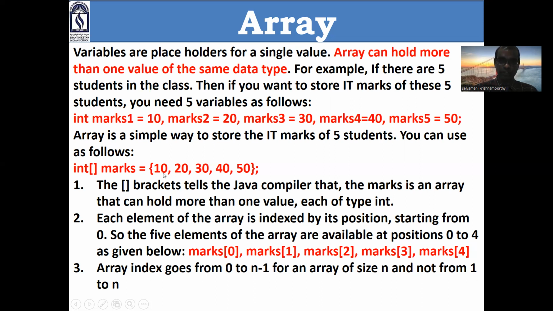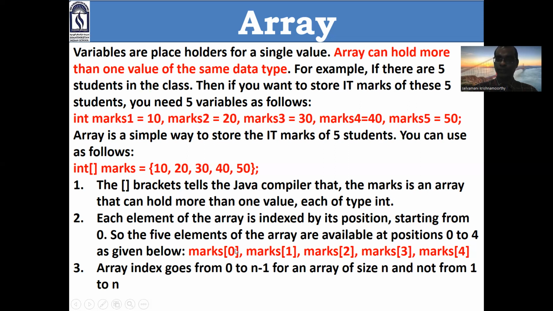This is at the first location. 0th location, first location, second location, third location, and fourth location. Good. That is why each element of an array is indexed by its position, starting from 0. So the 5 elements of the array are available at positions 0 to 4.